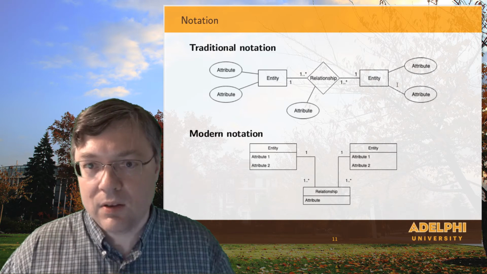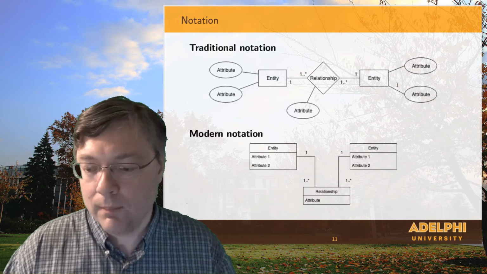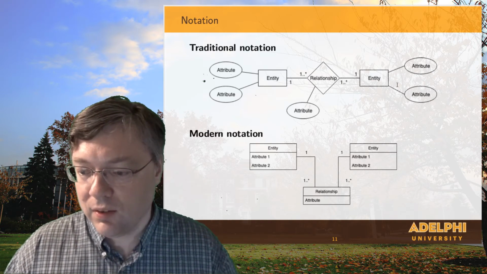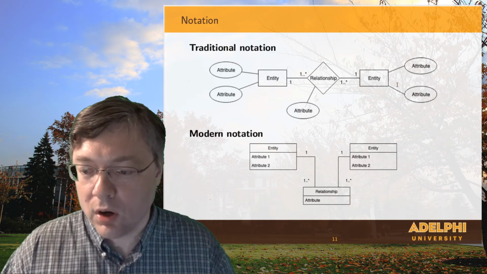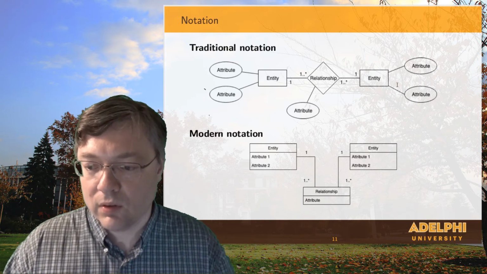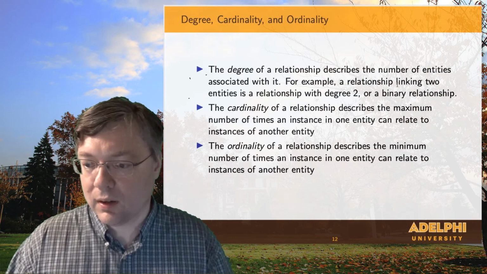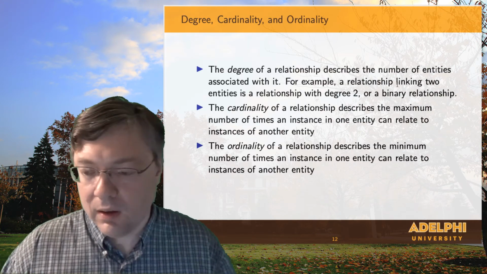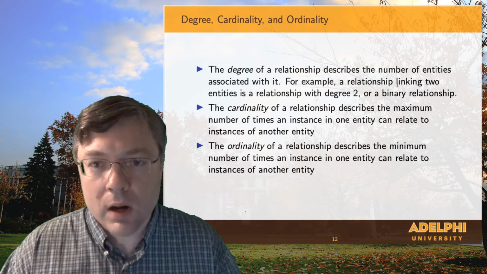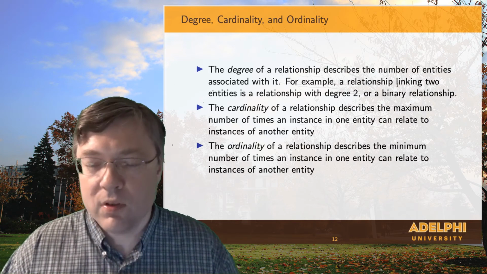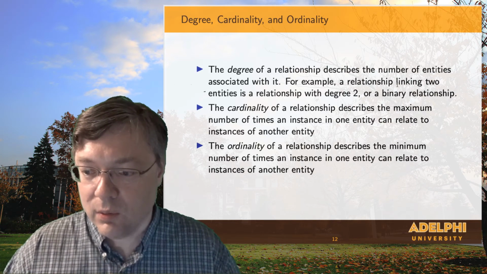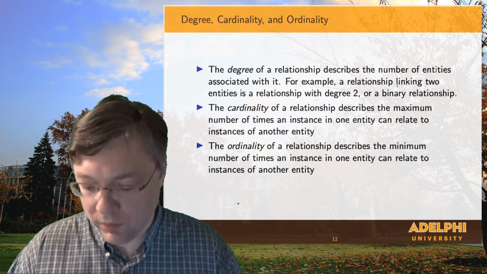What this means is called the cardinality or the ordinality. In this case, each entity is part of the relationship exactly once. We'll give a more clear example in a second. But let's first define these terms. The degree of a relationship describes the number of entities associated with it. So let me flip back.